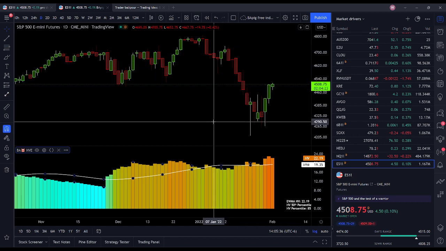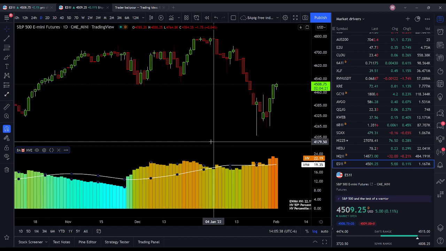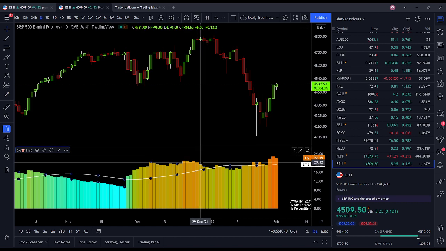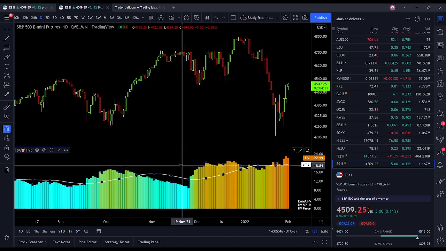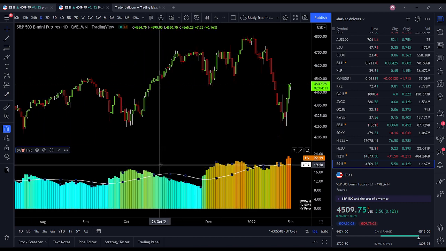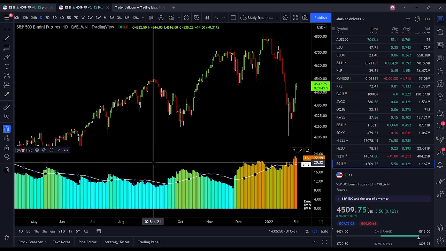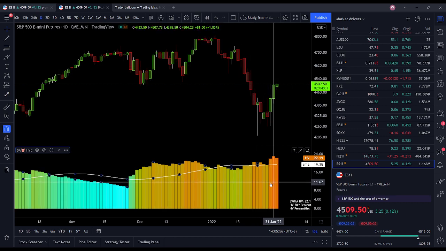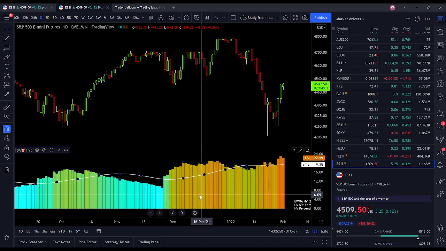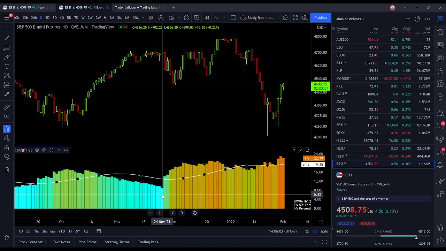Some people call it standard deviation, but this indicator will tell you when volatility is low and when volatility is high. So this is a great indicator. You can keep it stock, and that will be able to tell you when it might be a good time to put some protection on.